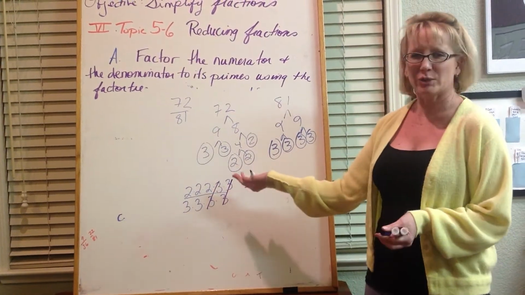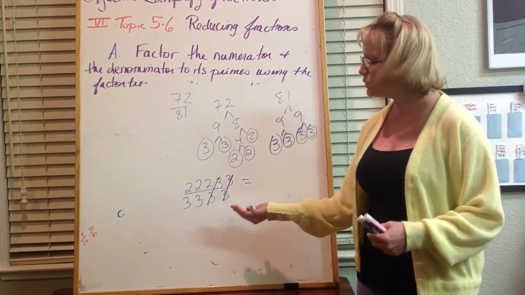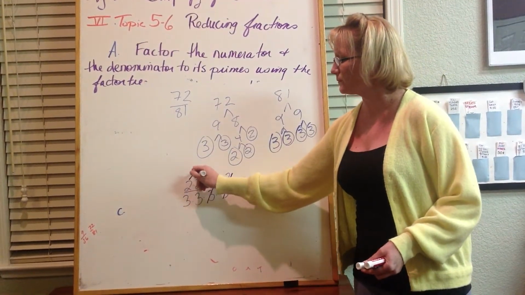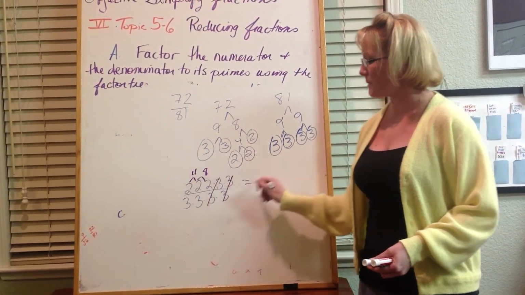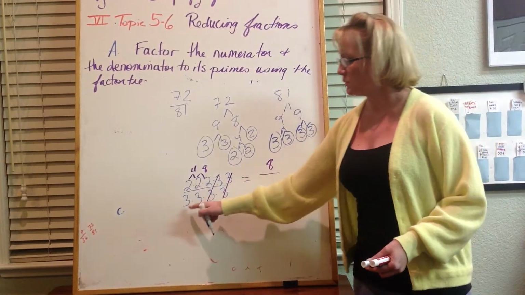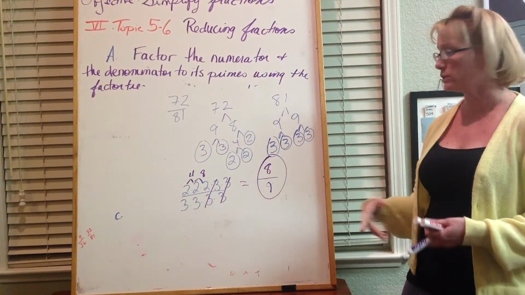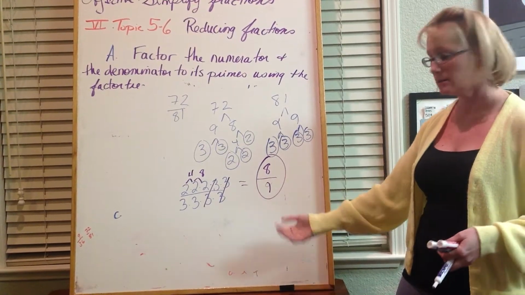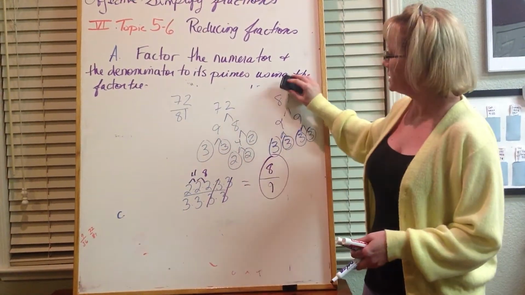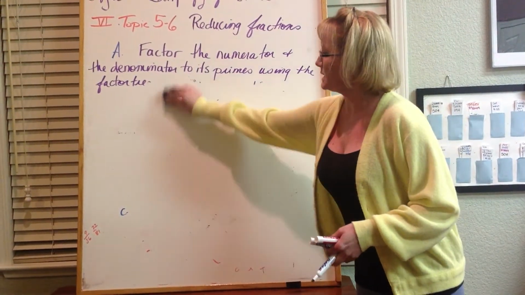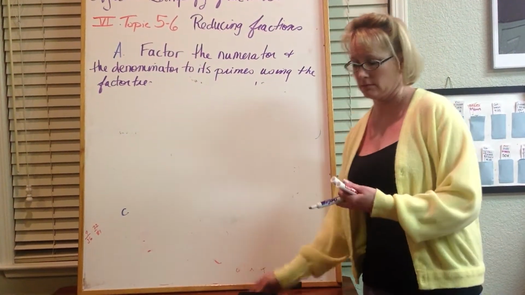So do I have 2, 2, 2 over 3, 3? No. Remember, those dots mean multiply. 2 times 2 is 4, and 4 times 2 is 8. So my top number is 8, and 3 times 3 is 9. So 72/81 equals 8/9. The last one I'm going to show you is the fraction 9/36, where something interesting happens.